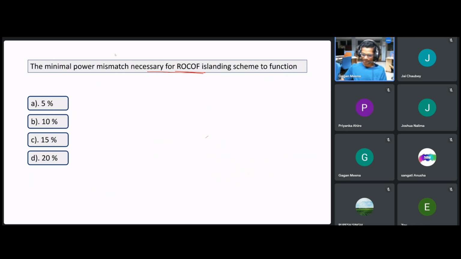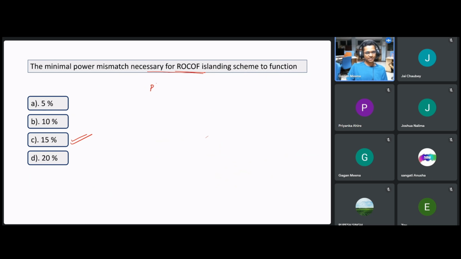What is the answer? This is the answer, 15%.